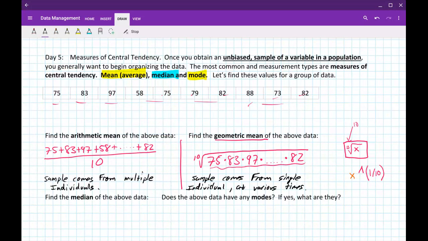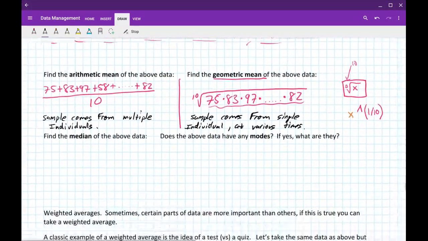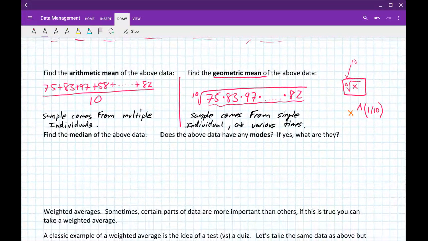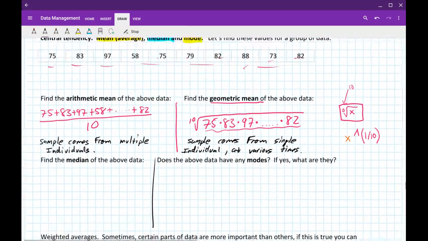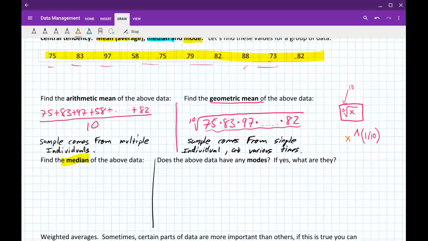So now we're also going to look at the median. In order to get the median, you take the data and you actually have to put it in numerical order.